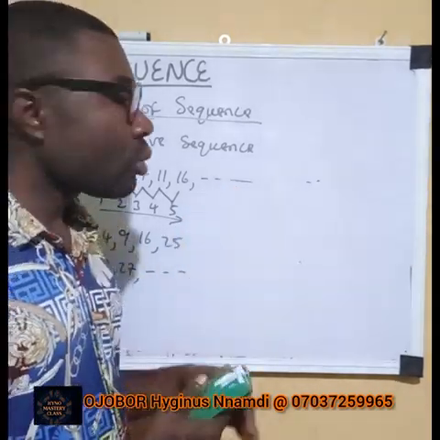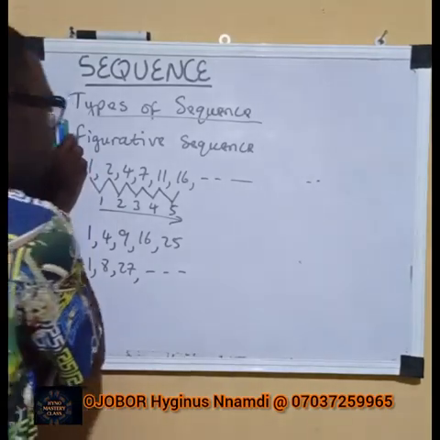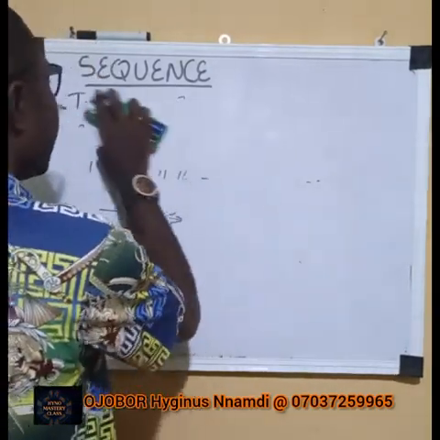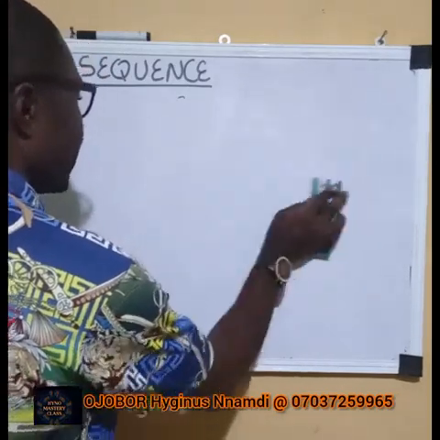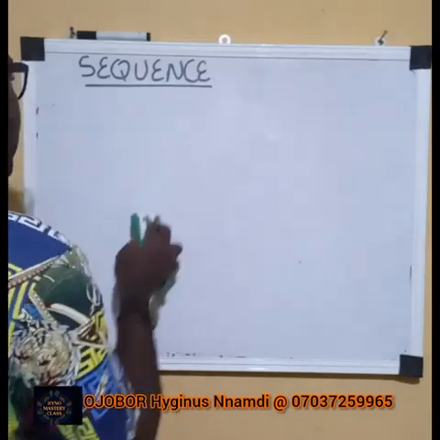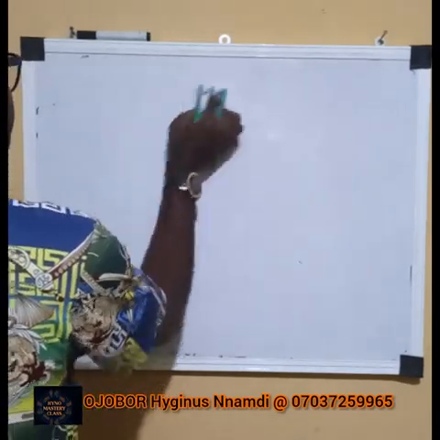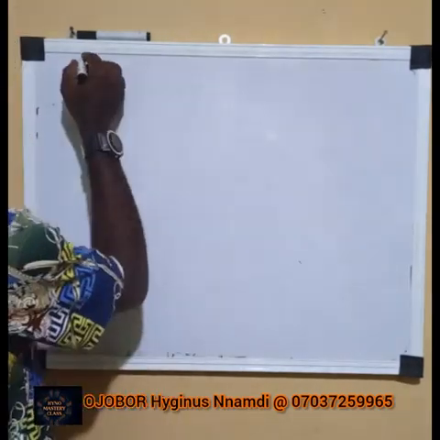So that we will see how we can calculate. We start from the first one we looked at, which we refer to as arithmetic progression or arithmetic sequence.